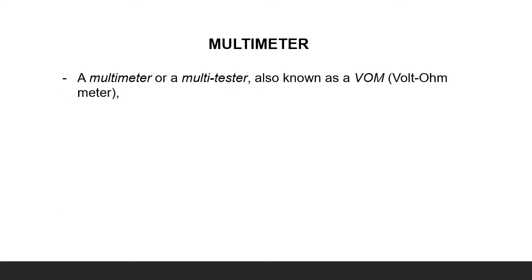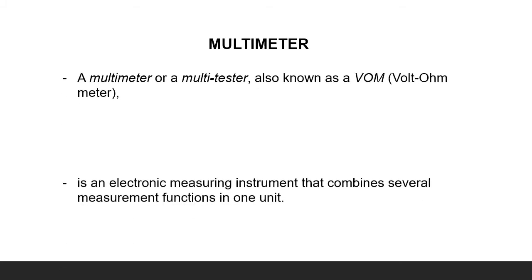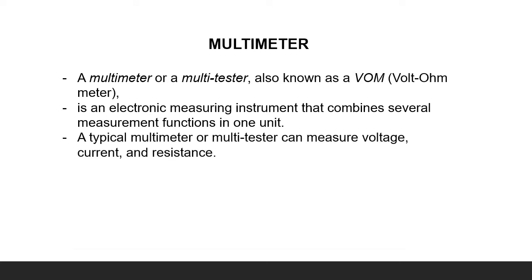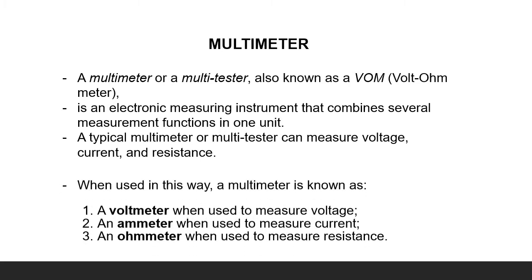A multimeter or multi-tester, also known as VOM or voltmeter, is an electronic measuring instrument that combines several measurement functions in one unit. A typical multimeter can measure voltage, current, and resistance.